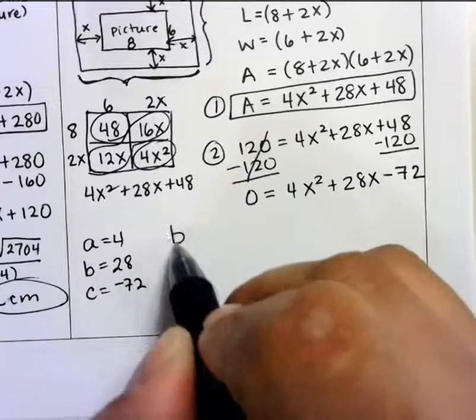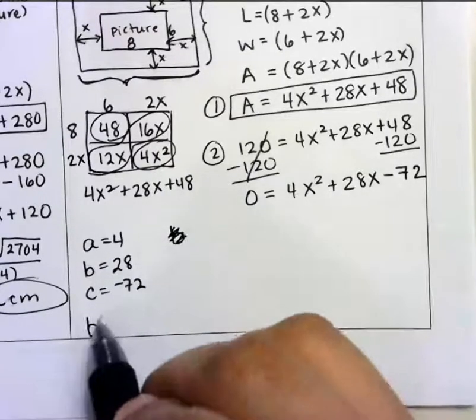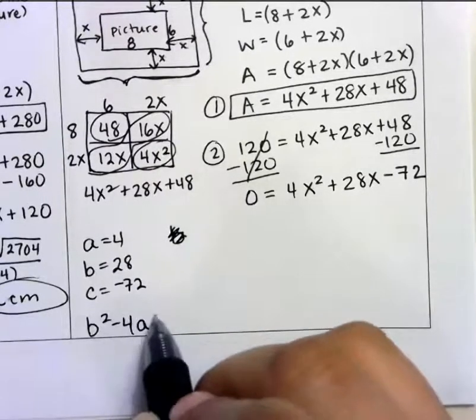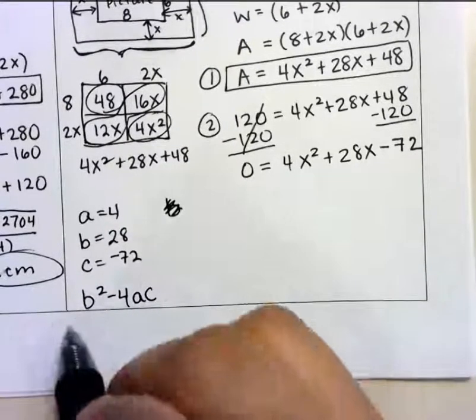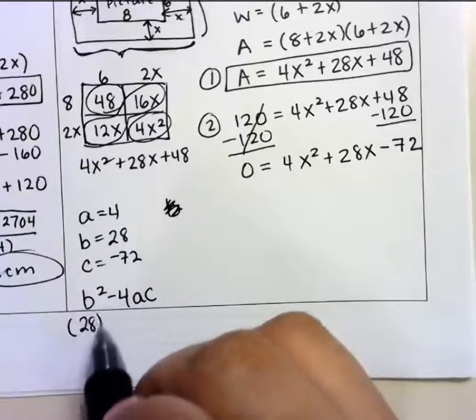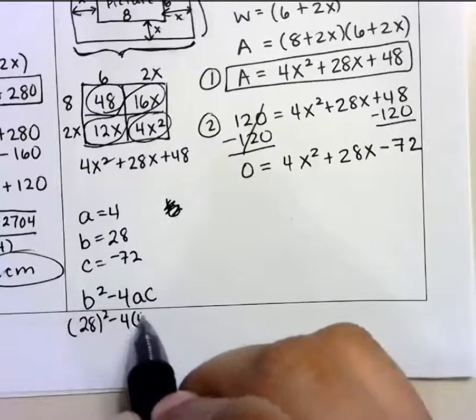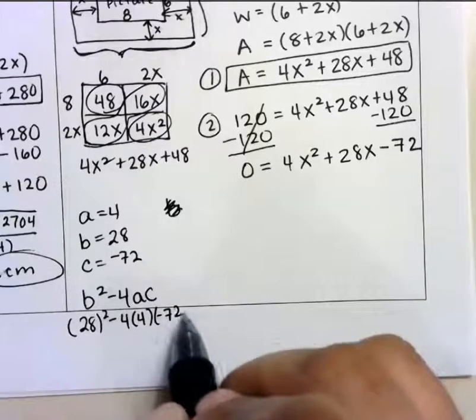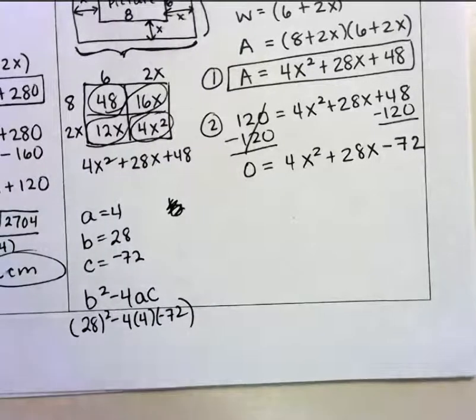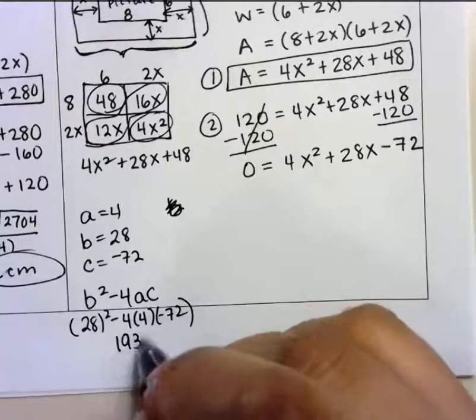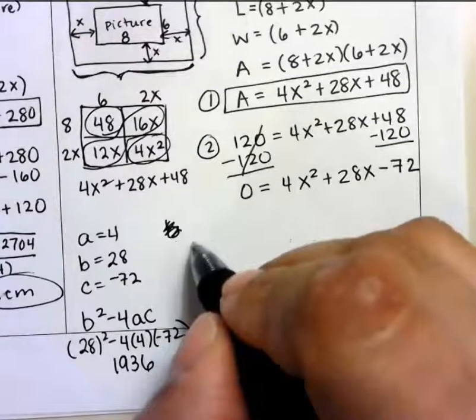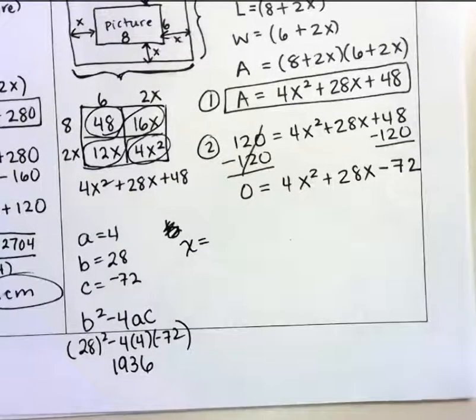I'm going to calculate the discriminant. B squared minus 4ac, 28 squared minus 4 times negative 72. I typed that into my calculator and I got 1936 for my discriminant. Alright, where's my quadratic formula?